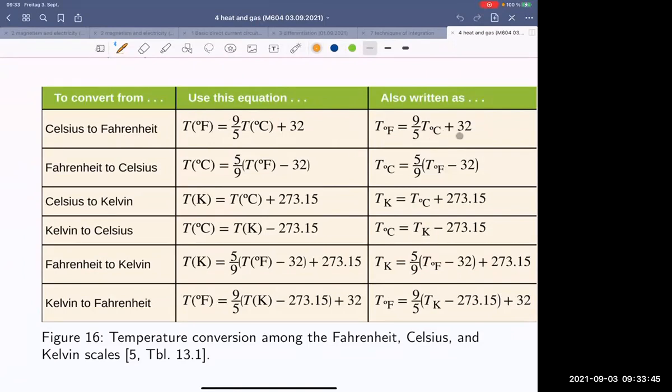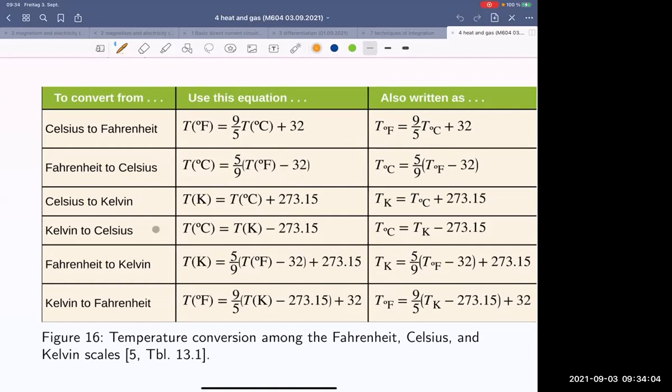From Fahrenheit to Celsius, you use the inverse ratio, 5/9, times the temperature in Fahrenheit minus 32.